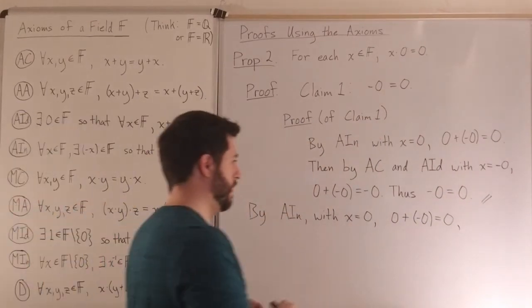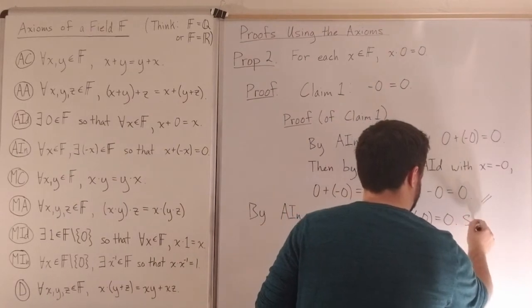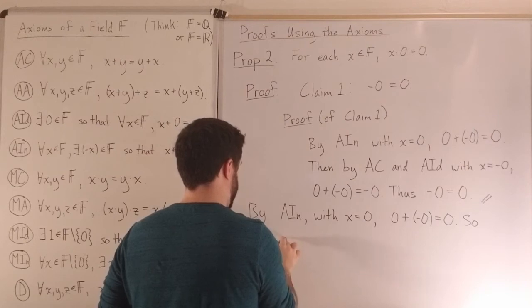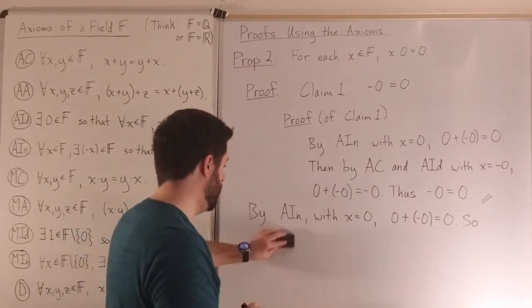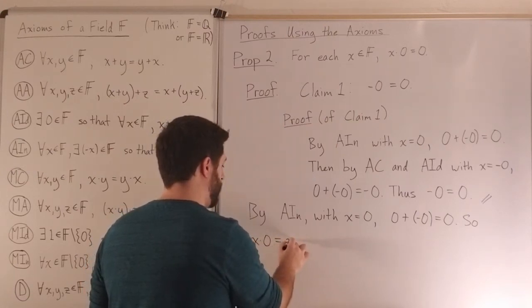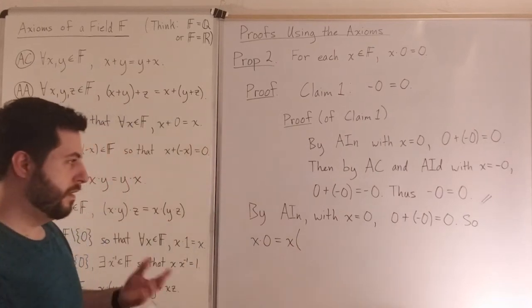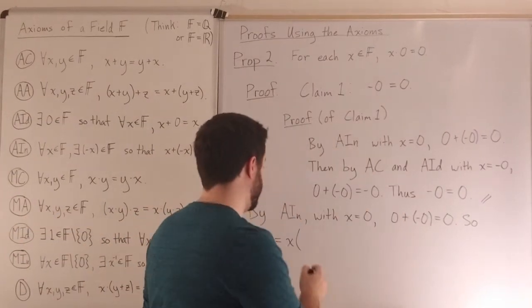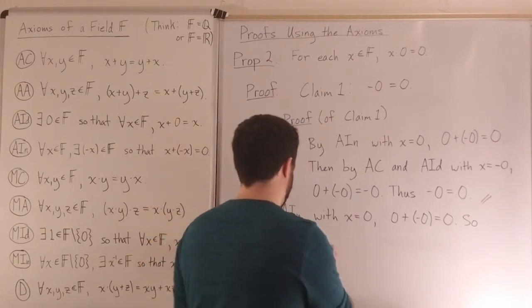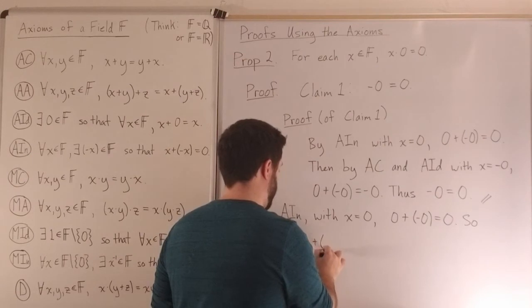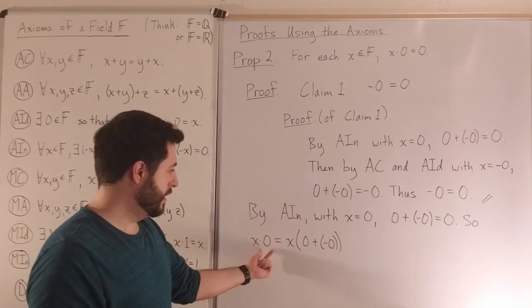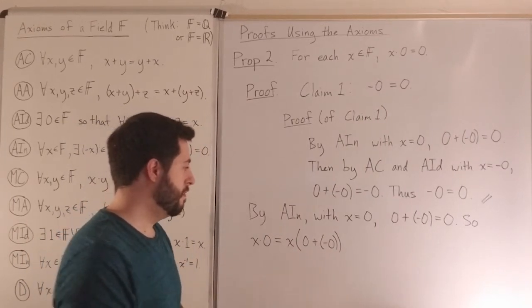And so x times 0 is going to be equal to x times this other thing where I replace the 0 with this sum. Okay, so all I've done is I've replaced 0 by something equivalent to 0.